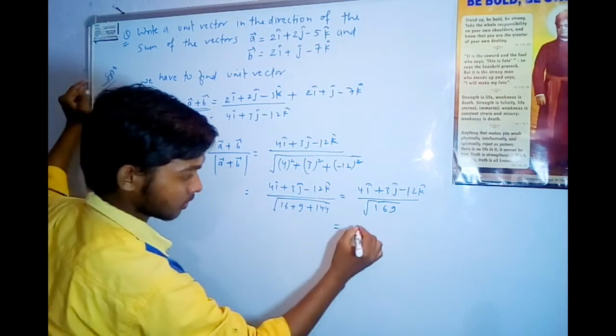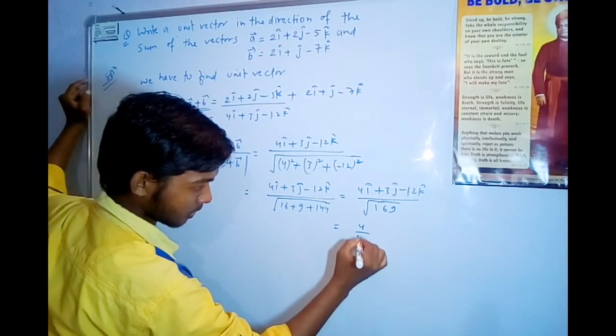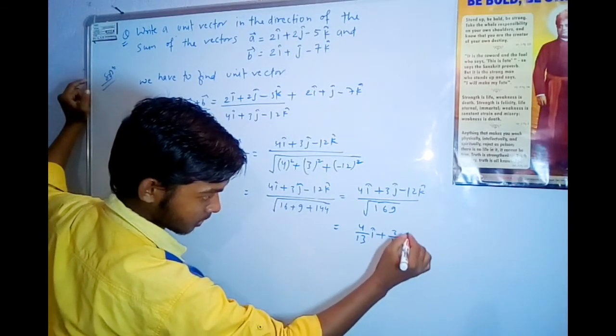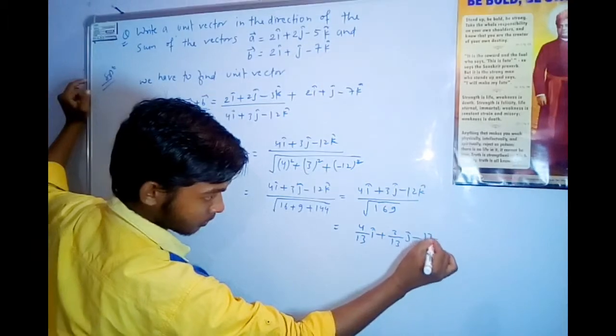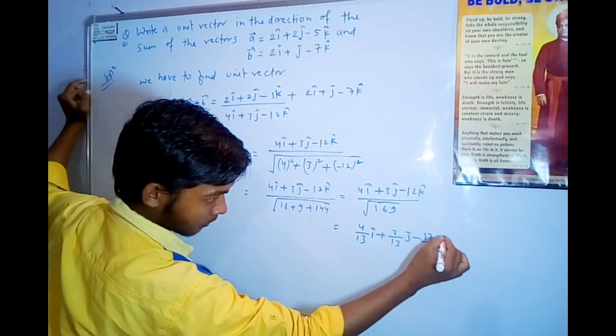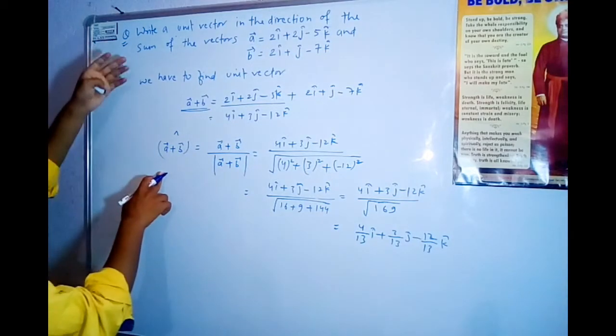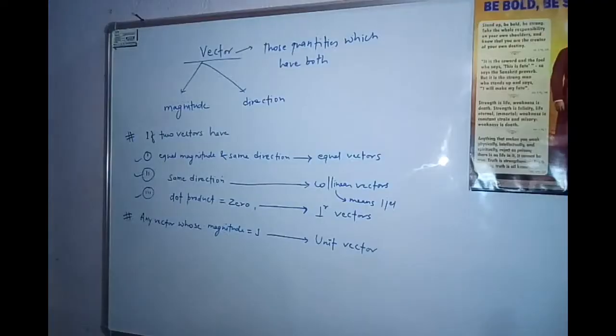So this can be written as 4 by 13 i plus 3 by 13 j minus 12 by 13 k. This is the unit vector in the direction of A plus B.